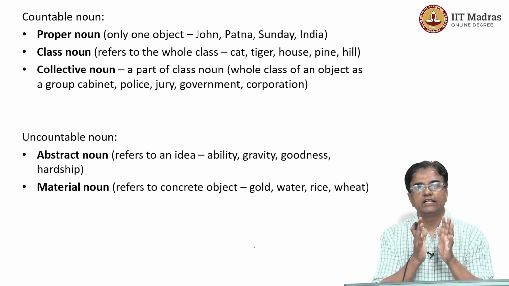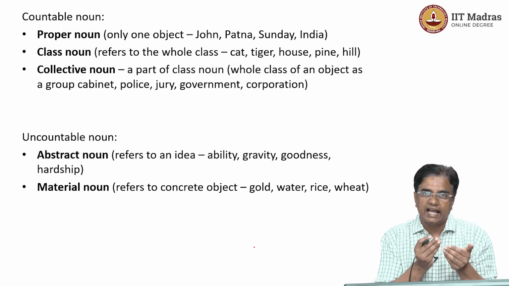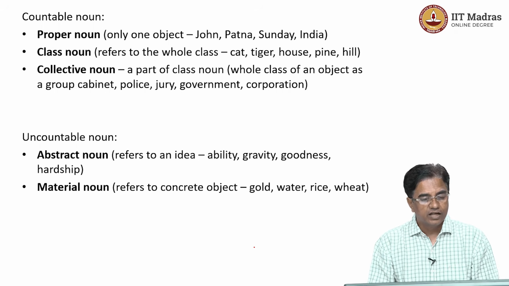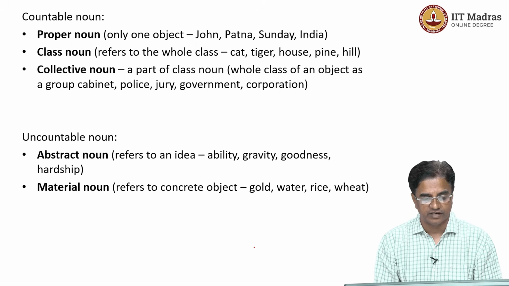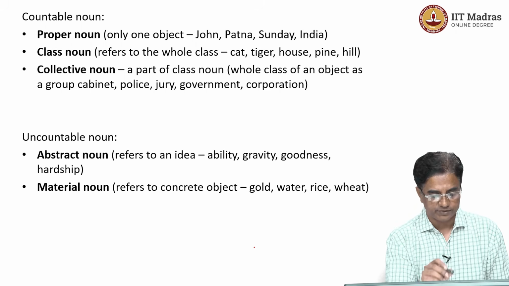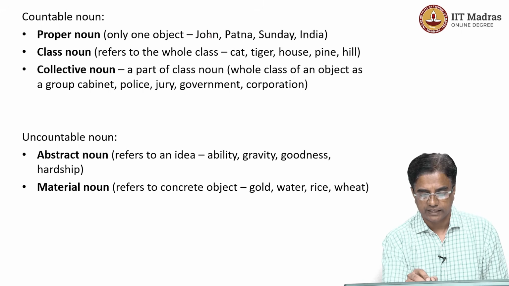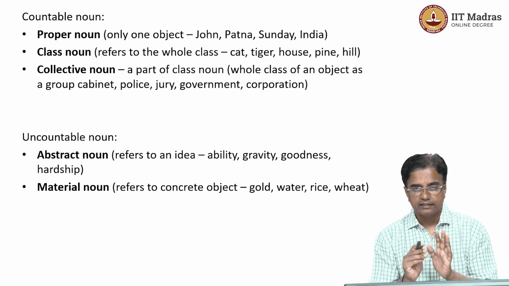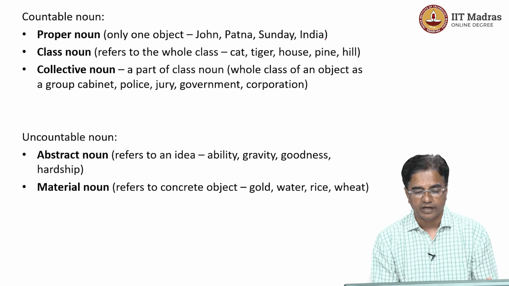Now, since we are looking at only nouns, we add one more piece of information for you here. Countable nouns are proper nouns, class nouns, or collective nouns. So only one object is a proper noun, like John, Patna, Sunday, India. These are called proper nouns.